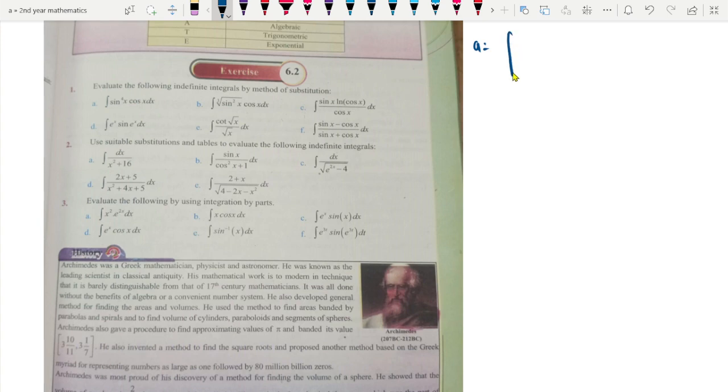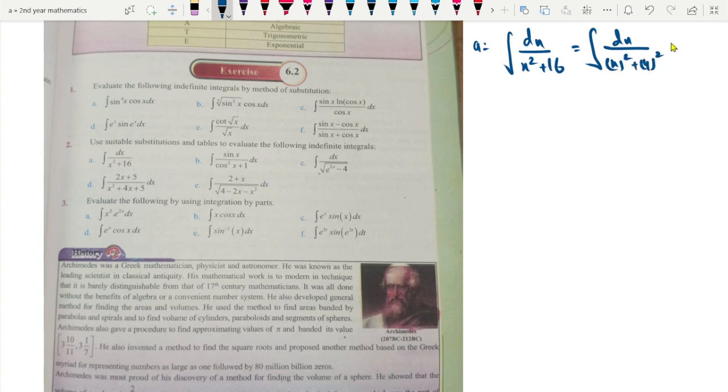If you have dx over x square plus 16, when you have this kind of situation, you can let u be equal to x divided by a. So this is dx over x square plus 4 square.